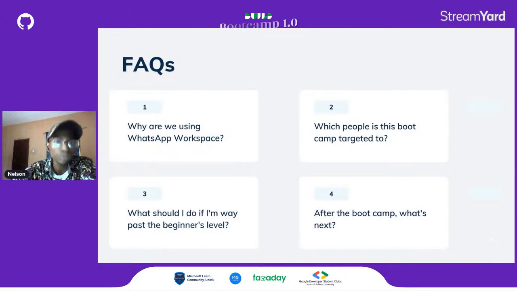But we use WhatsApp because the bootcamp is for beginners, and WhatsApp has a very friendly interface, easy to load in, see what you have to see, do what you have to do and move out. If we use Slack, we would have to educate people on how to use it, and we don't have such time. Also, Slack might take time to load for some people.